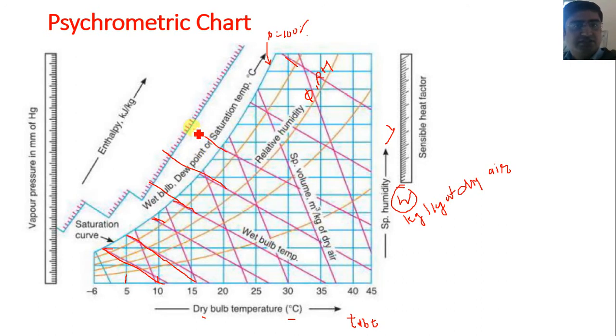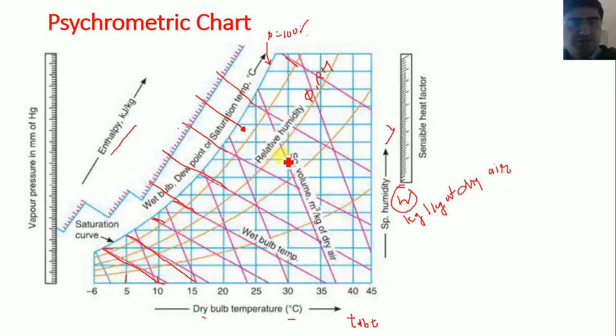If you want to find the enthalpy of this point, you follow these lines, and on the scale you can easily find the value of specific enthalpy in kilojoule per kilogram. That's how you can find the value of specific enthalpy of air at any point from this scale, or this ruler.